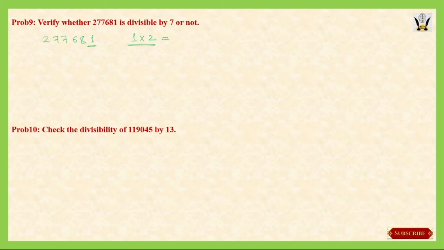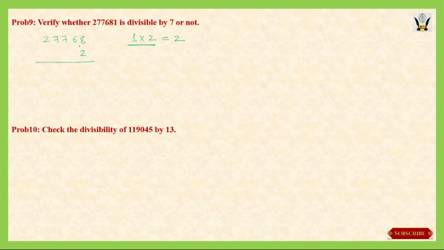Then we subtract that result of multiplication from the rest of the number. That means we will not consider the digit we had in the units place.